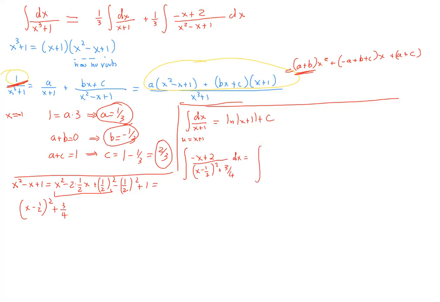So how do I create the x minus 1/2? I take the x and I subtract 1/2, and I also add 1/2, plus 2 over x minus 1/2 squared plus 3/4 dx, and this is equal to what?